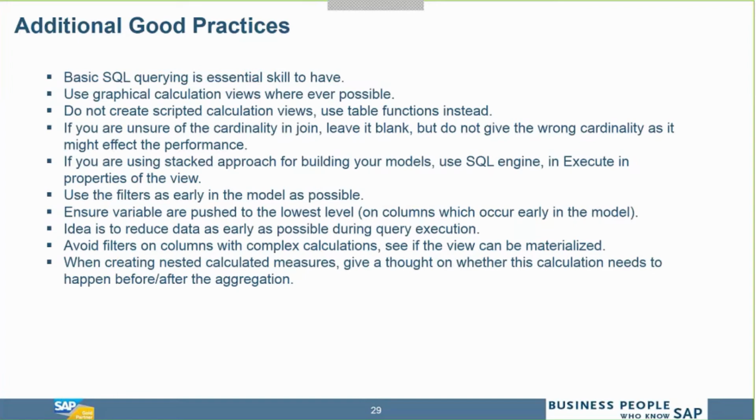For example, at one of the clients I've been working with, there was a master data view that I had to create which is very complex. In BW it was taking almost 8 hours, and when it came to HANA, once you created the view, it was less than a minute for the view to execute, because it has to read the whole database, do some 12 iterations and so on.